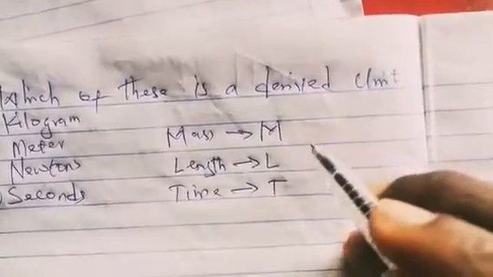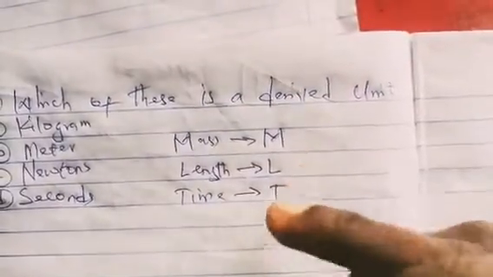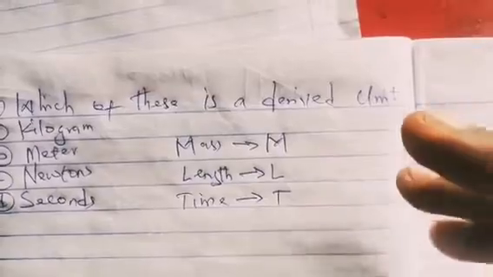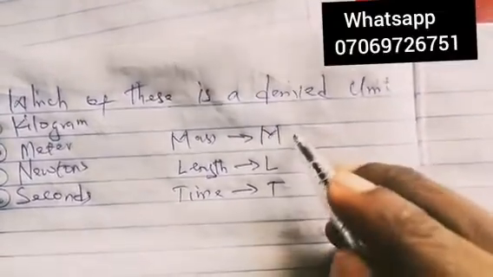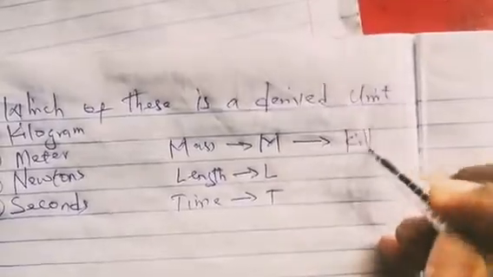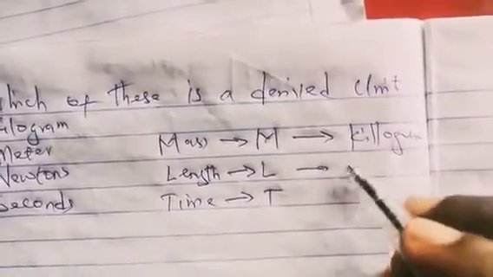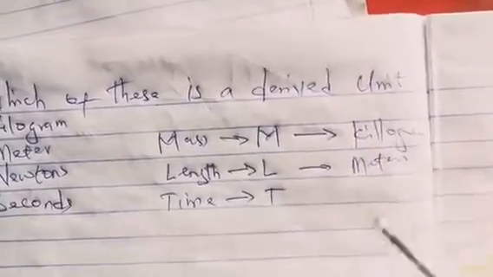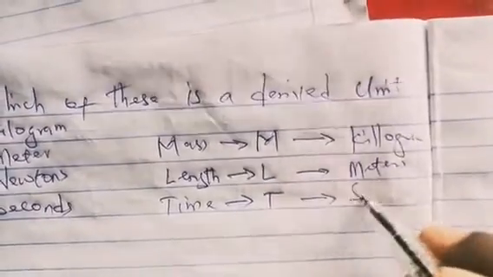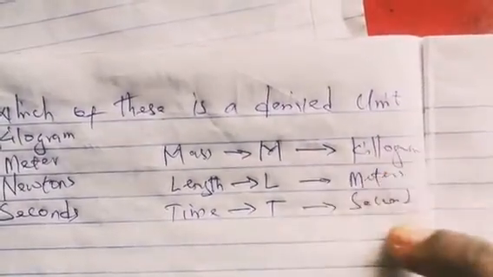If these are fundamental quantities, then their units are called fundamental units. The unit of mass is kilograms, the unit of length is meters, and the unit of time is seconds. So these are the three fundamental units.